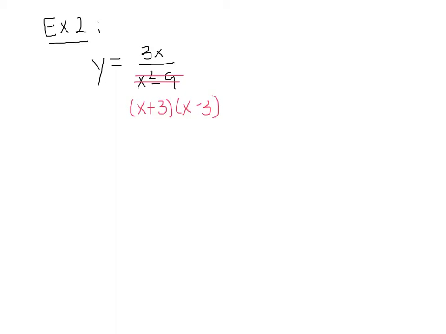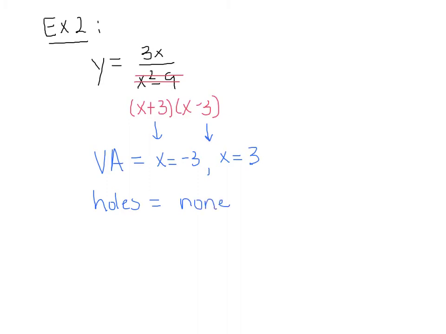So my vertical asymptotes are going to come from the zeros in the denominator. This one is going to give me x equals negative 3, and this one is going to give me x equals 3 when I set them both equal to 0. The holes come from anything that cancels. There was nothing that cancels, so there are no holes.